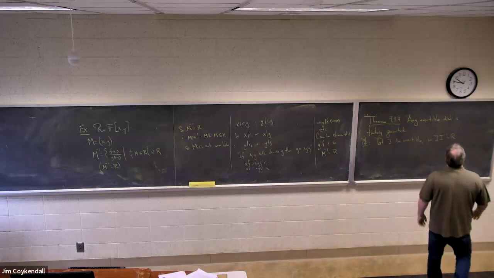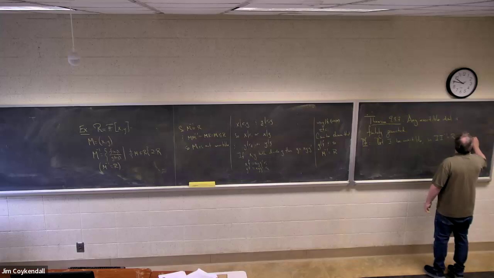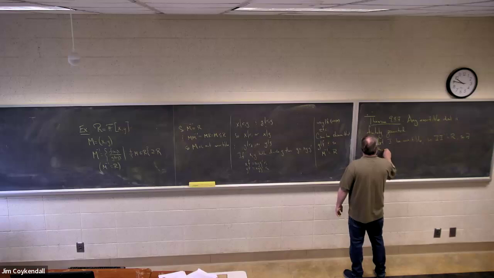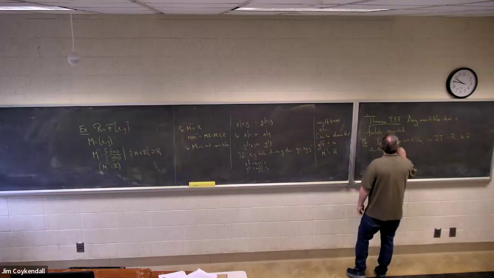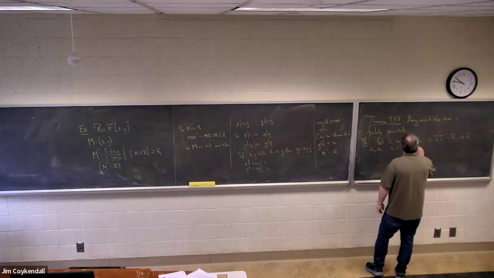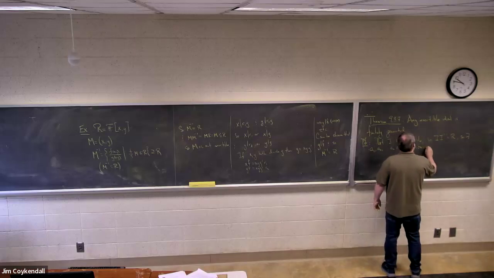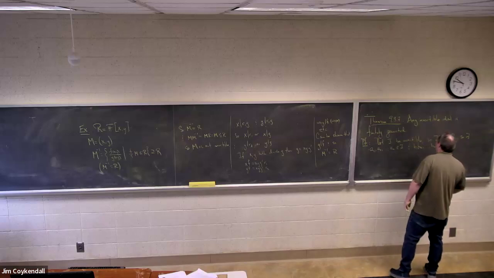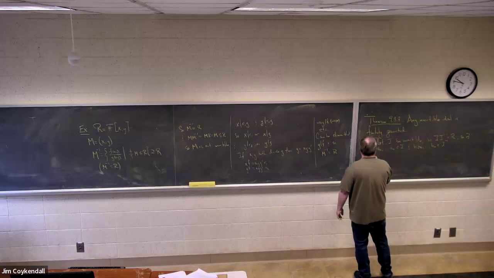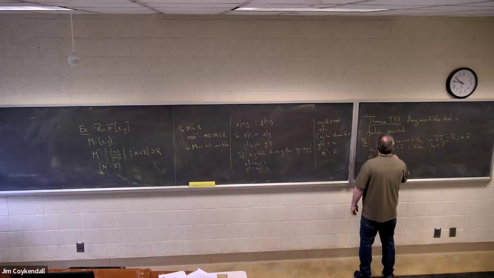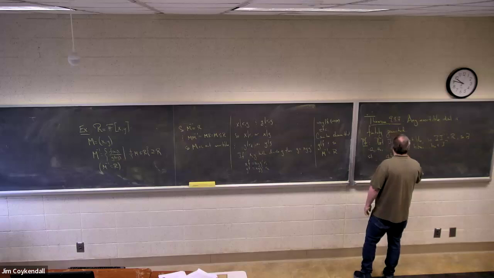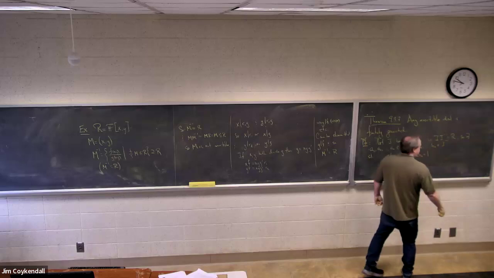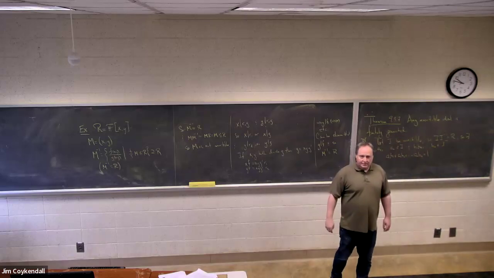So there exists A1, A2 to AN in I, and B1, B2, to BN in I inverse, such that A1 B1 plus A2 B2 plus AN BN is equal to 1.